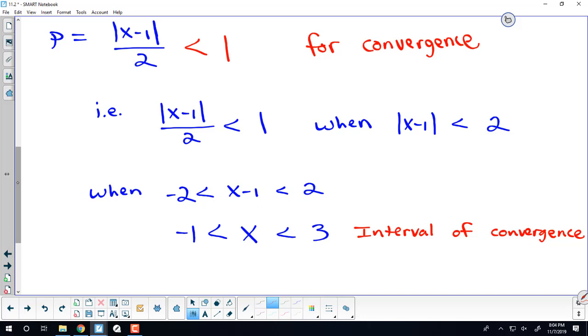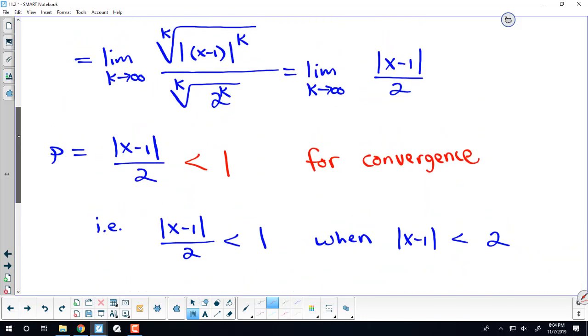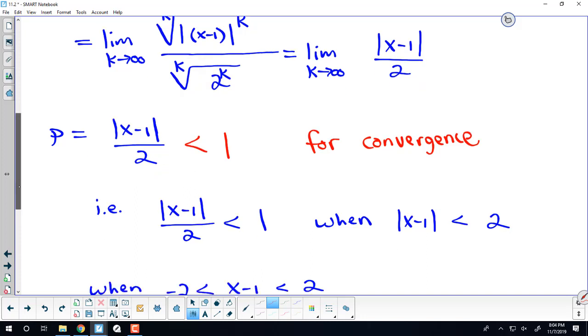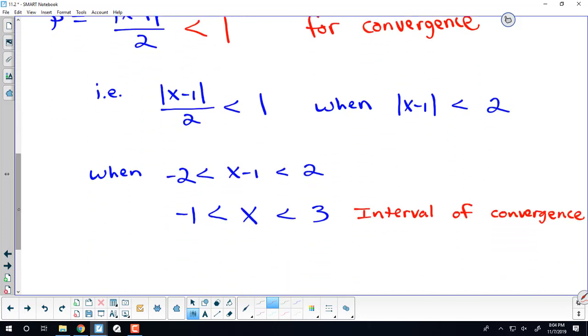So if we have negative 1 for x, we have negative 1 minus 1, we have the absolute value of negative 2 over 2, which is 1, right? So even though this says x has to be larger than negative 1, it could be that we could include negative 1. It's just when we put negative 1 back into our root, it's identical to 1 and the root test is inconclusive. So we have to manually test both of these endpoints.